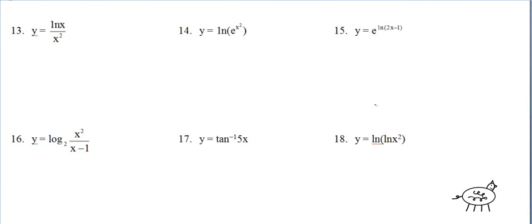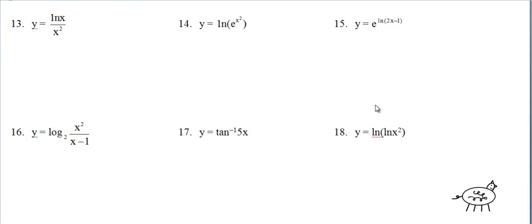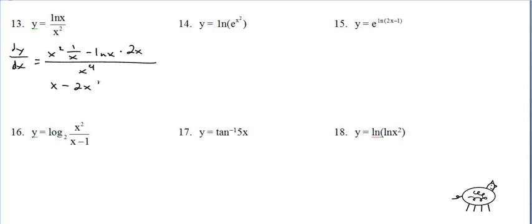Okay, 13. We have to use the quotient rule here. So dy/dx is the bottom times the derivative of the top, which is 1 over x, minus the top times the derivative of the bottom, all over the bottom squared. All right, so we put some stuff together. x squared times 1 over x is just x, minus 2x ln of x, over x to the fourth.